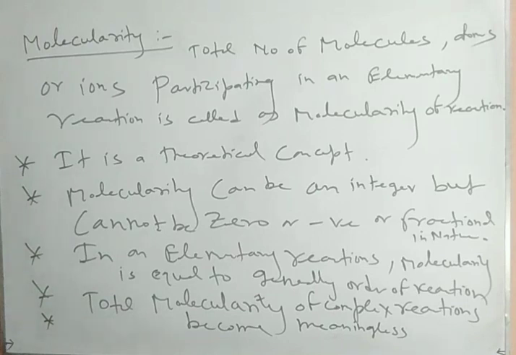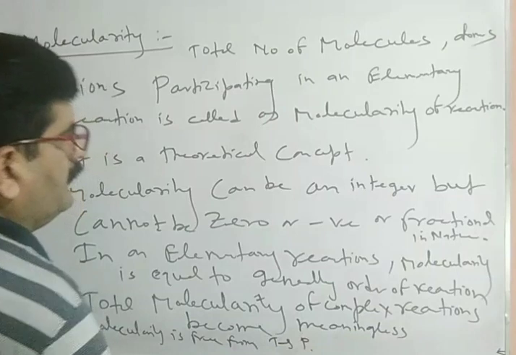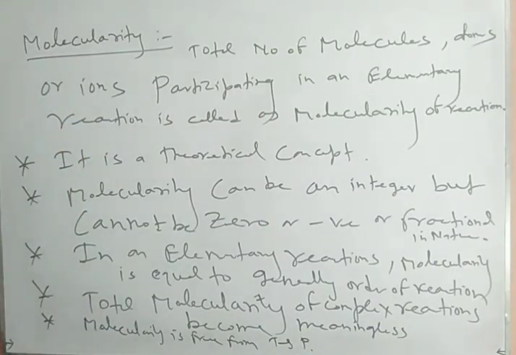Next one, we can write molecularity is free from temperature and pressure. In the last, you can write what? Molecularity greater than or equal to 4 is rare.